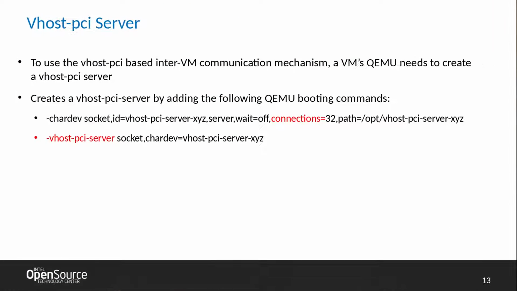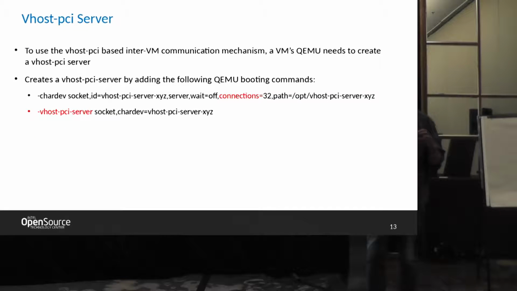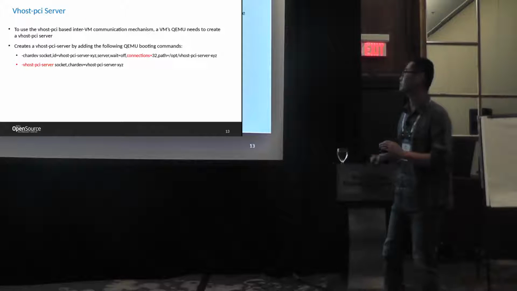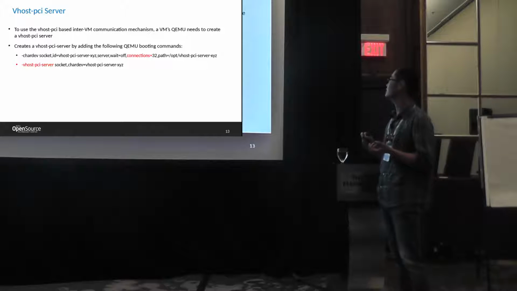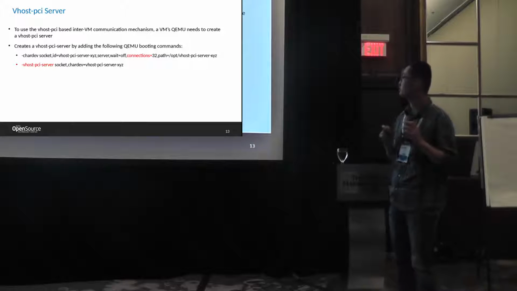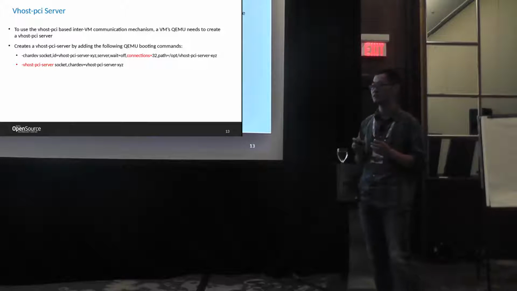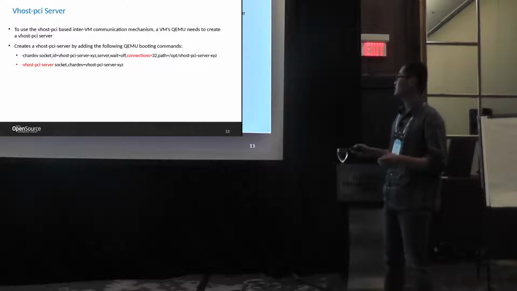So let's start from the vhost PCI server, which plays a key role in the whole design. To use vhost PCI-based inter-VM communication, a VM's QEMU needs to create a vhost PCI server using these commands.